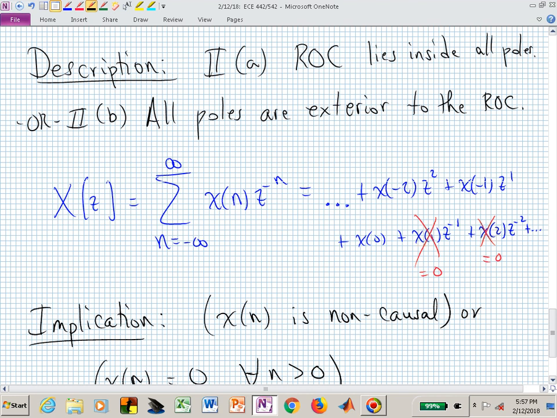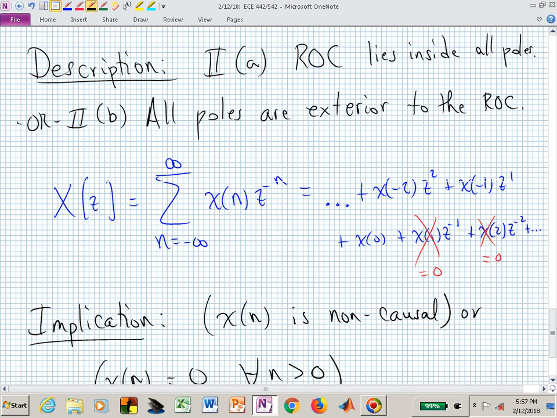Capital X of z now is looking at weighting these sequences with powers of z. It's condensing all of this time domain history into a new quantity that's a transform in the z variable, the complex variable z. The lowercase x's are the time sequences, and we're simply scaling them in this case.